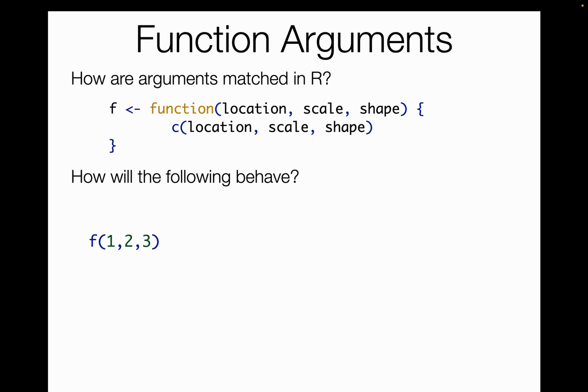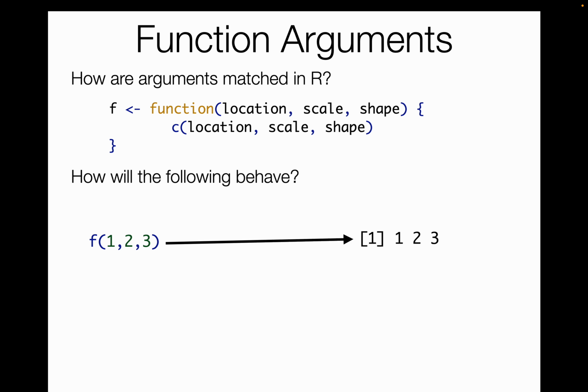But this is helpful in showing us how the arguments are matched. So down here, how is f of 1, 2, 3 going to behave? So we said 1, 2, 3. Do I mean location, scale, shape, so on and so forth? Take a second, pause the video, guess what's going to be the outcome.